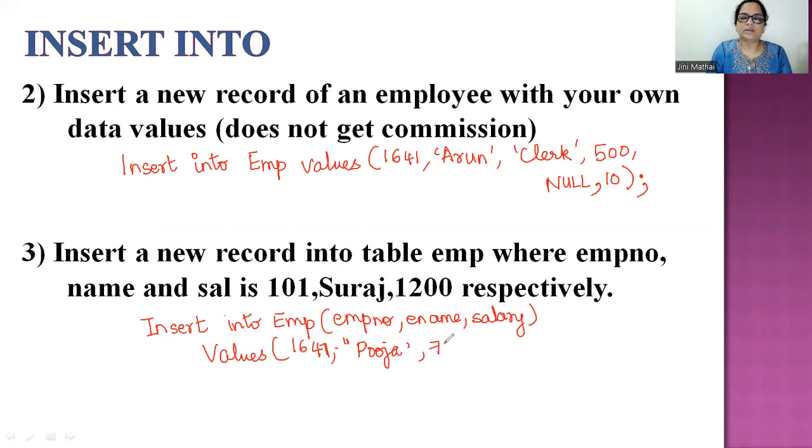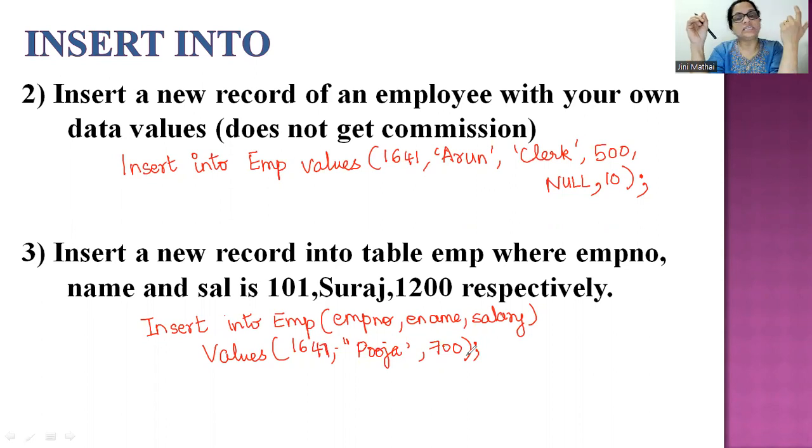and her salary 700. So if you look at this example, how is it different from the previous examples? In the previous examples, the number of values that you specify matches the number of columns of that table, so it's a complete record. Whereas here, how many values have I specified?